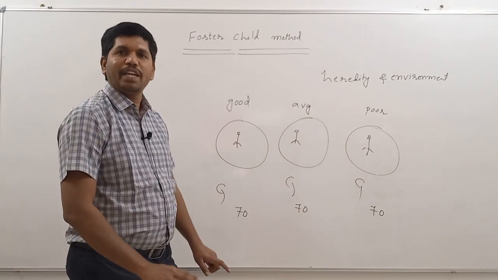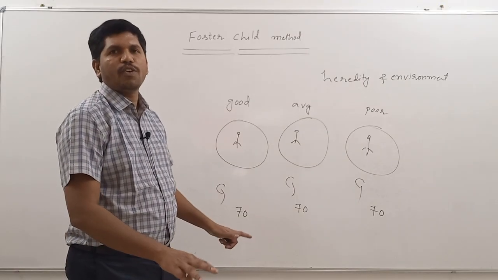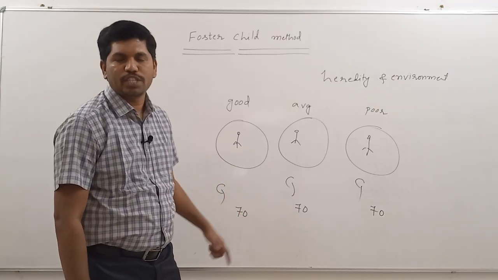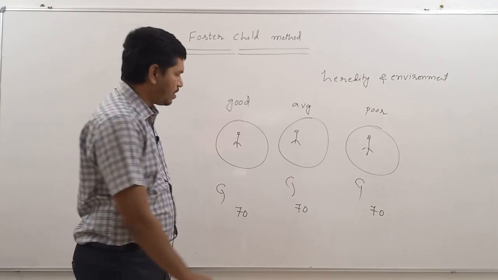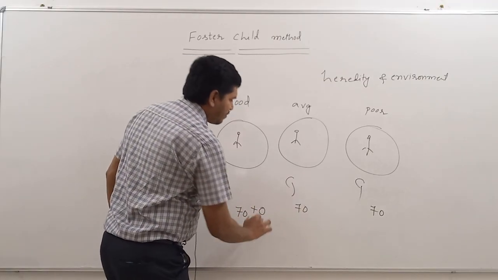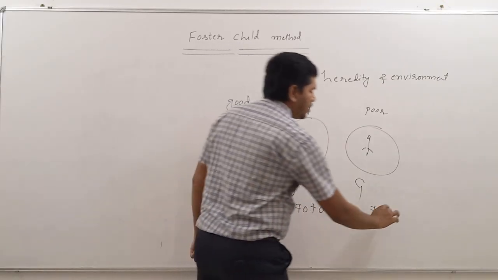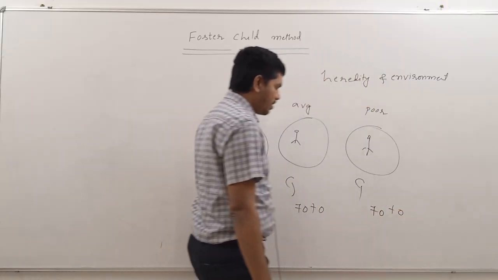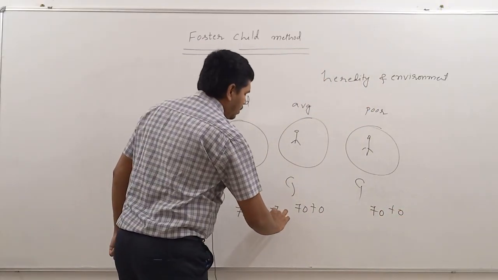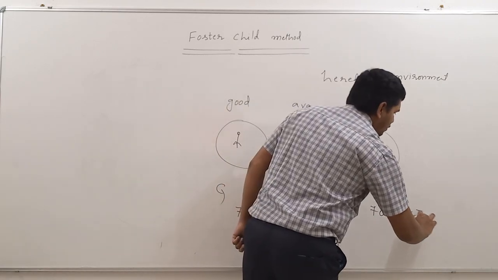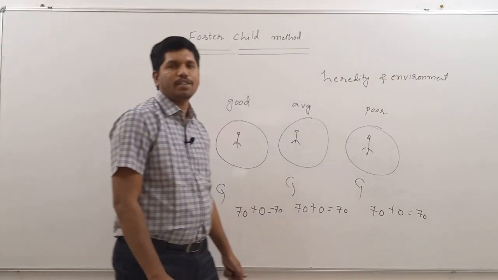If the environment has no role in the development of intelligence, that means in the expression of those genes which are responsible for intelligence, then the contribution because of environment is 0 points, so in all the children there must be the same IQ levels. Am I correct or not?